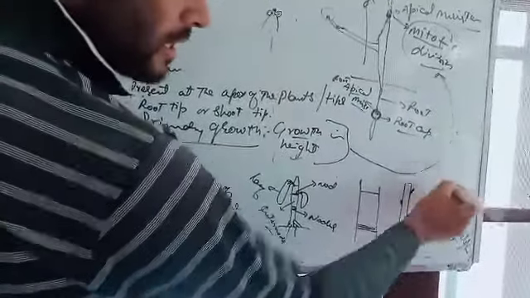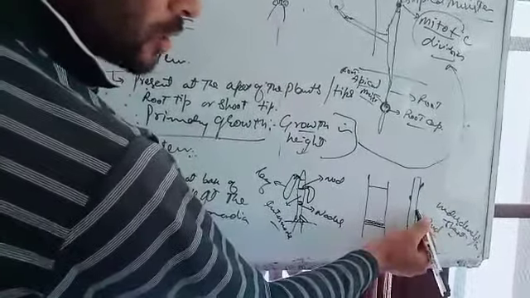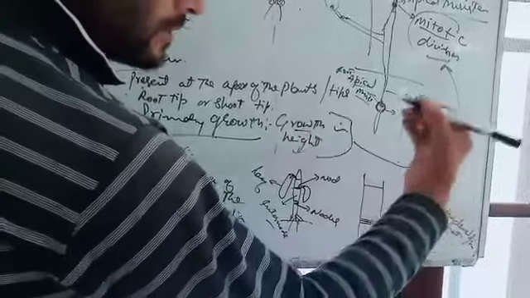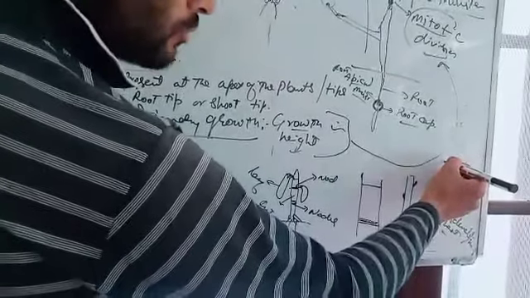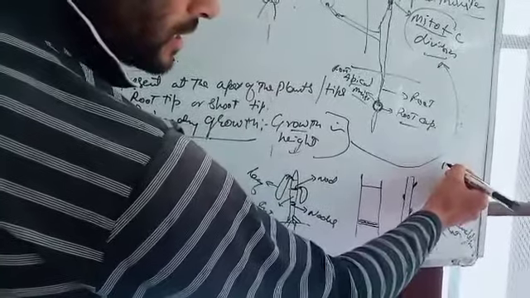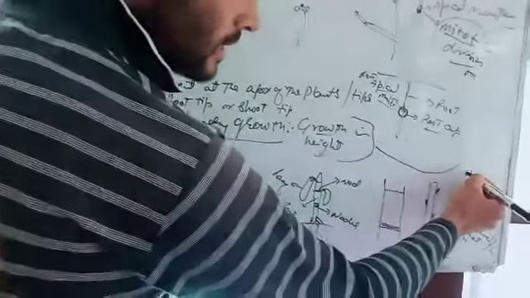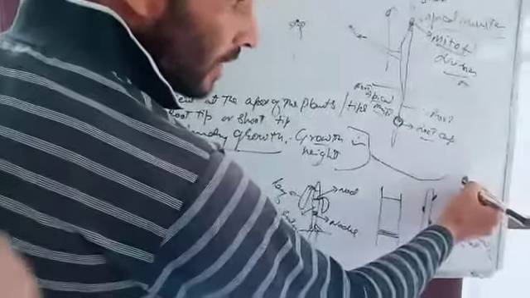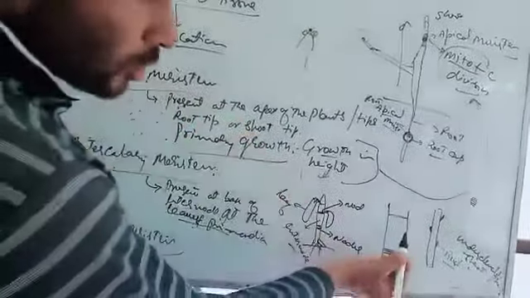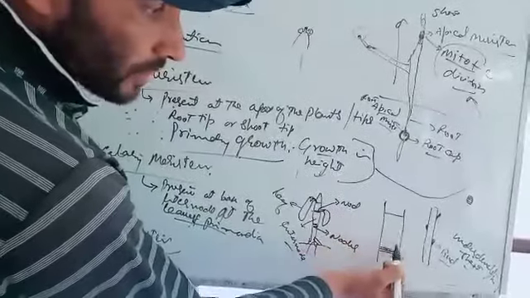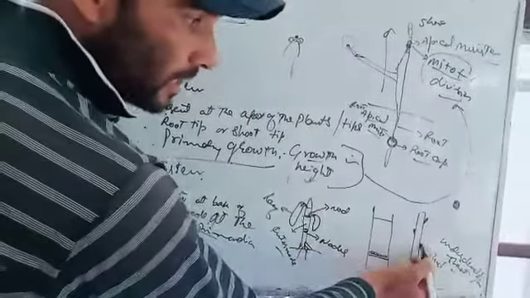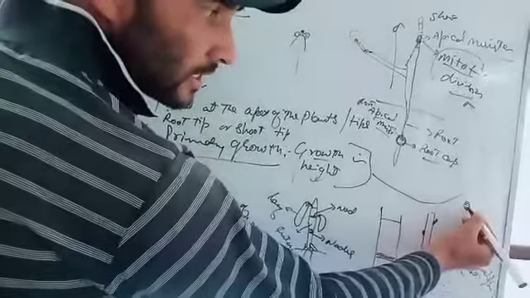If we see the bud in the microscope, we can see it like this. It is a condensed structure having condensed nodes and internodes. Though the nodes are far apart here, in the bud these nodes are very condensed.